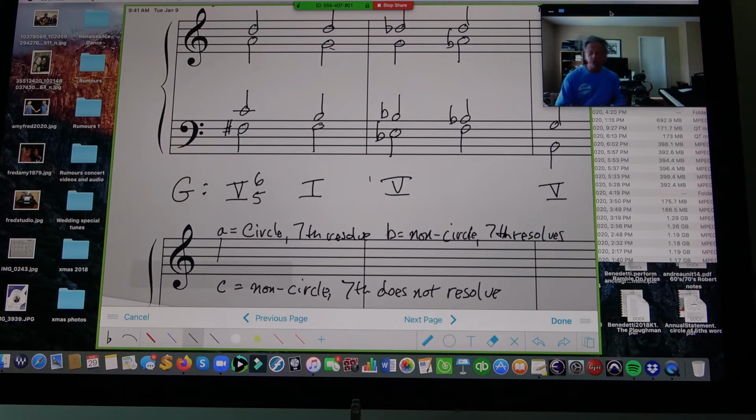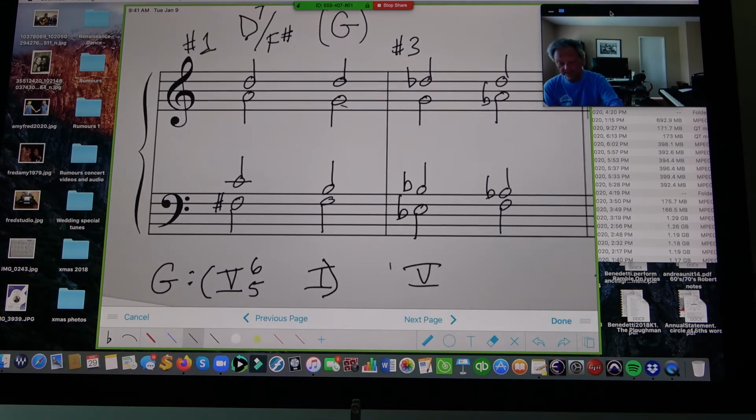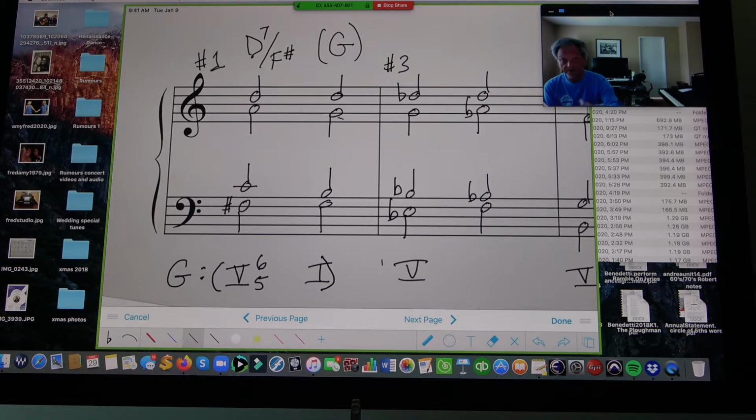All right, so which of these are we dealing with? Well, 5 to 1, that's a circle. So we know that it can only be an A. And then what we looked for is the 7th to see what's going on. So what is the 7th of D7? You got to look at the notes and figure it out.